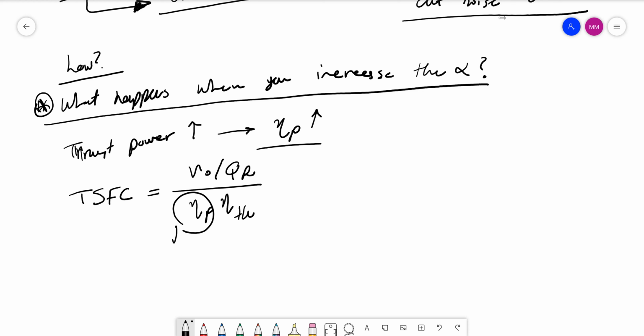So if you increase the eta P here, you're going to see a decrease in the specific fuel consumption. Which basically means that because of the design parameter that you're including, because of the higher bypass ratio, you're going to get higher propulsive efficiency, and eventually you're going to get lower TSFCs.